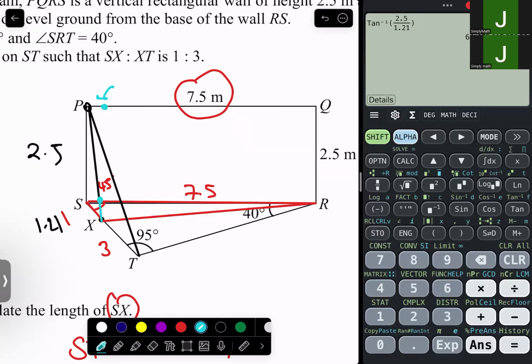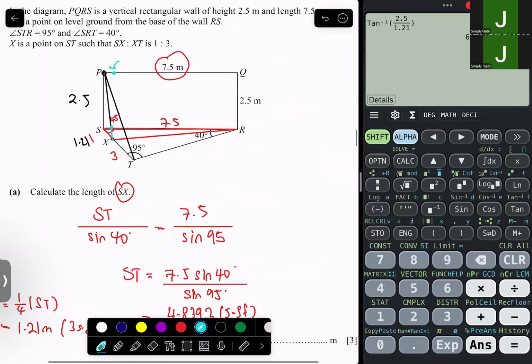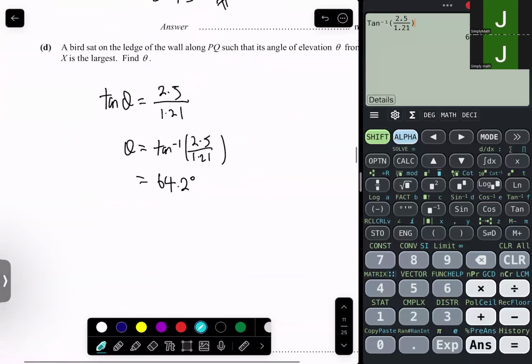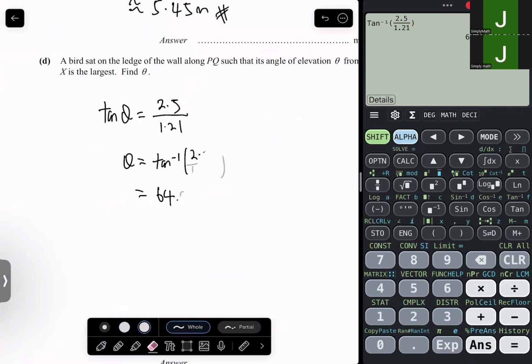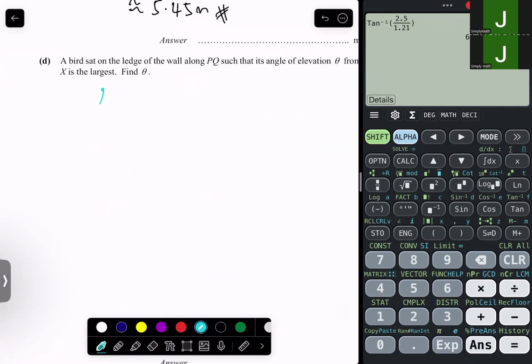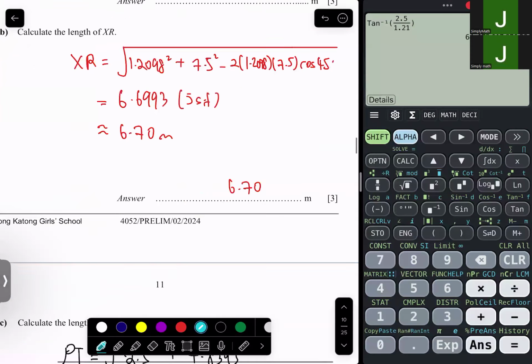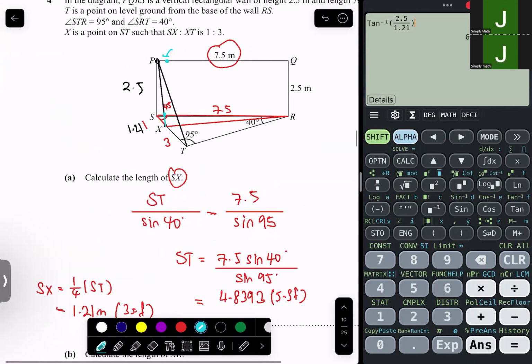Let's say M be the point on SR such that XM is the shortest distance. Then we'll have this small little triangle to solve for XM.